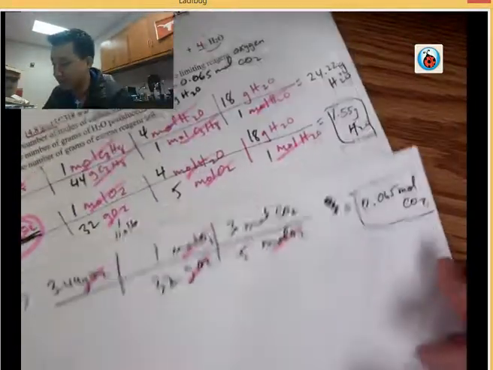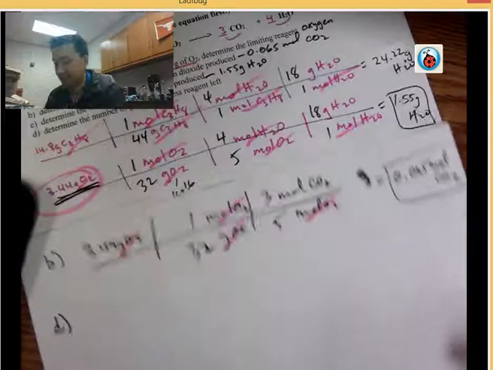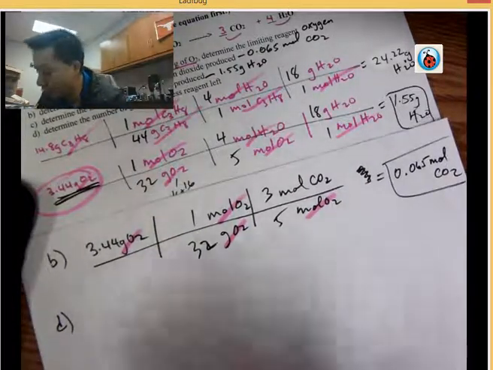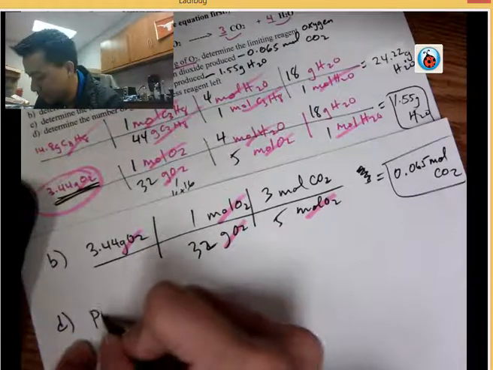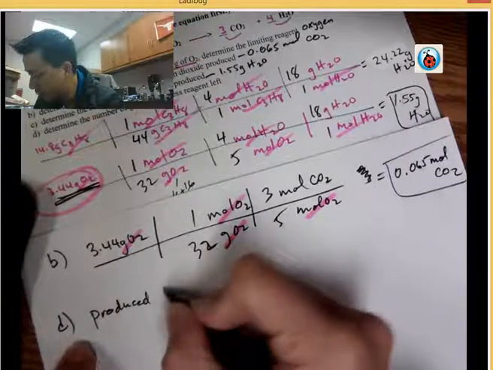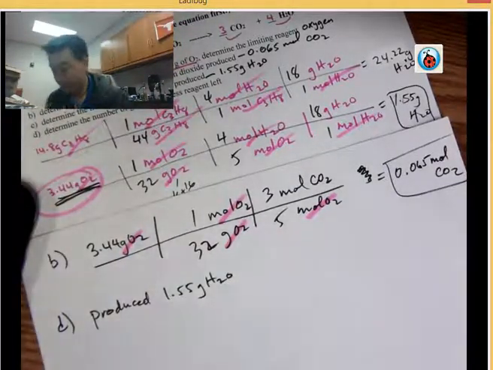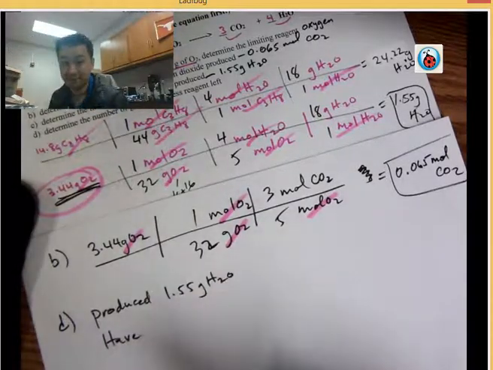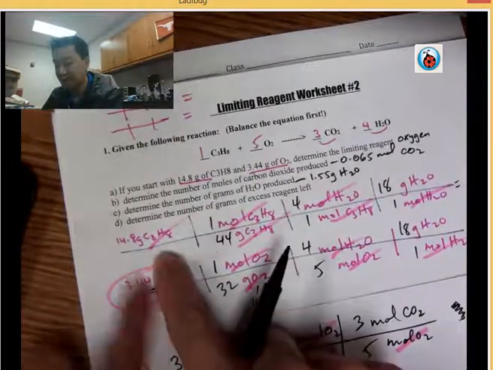Oh, now this is tough. D is a little more, conceptually, a little more challenging because we have to think about it. Alright. What's known is we produced 1.55 grams of H2O in this reaction. And we want to know the excess. So of the two, if we run out of oxygen, what do we have excess of?